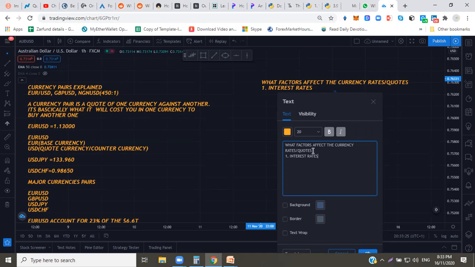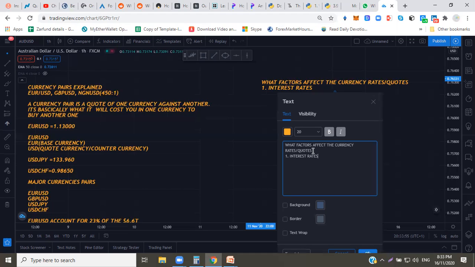Yes. So every time something comes out that's going to affect the economy of a country, it will affect the currencies. You will see the currency moving, either down or up. Interest rate is one of those things.